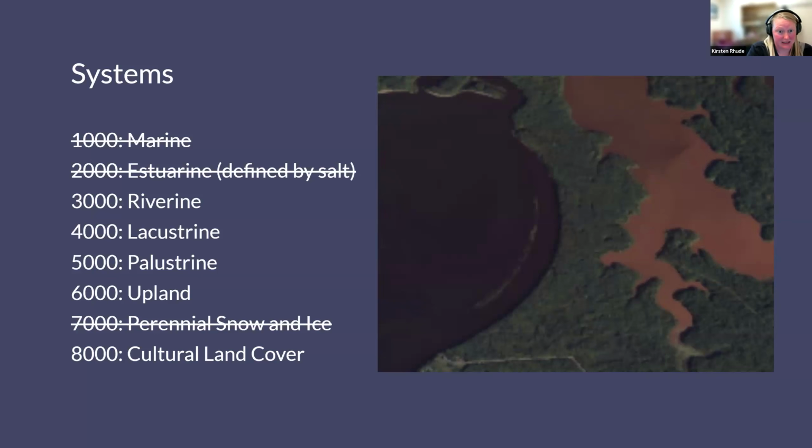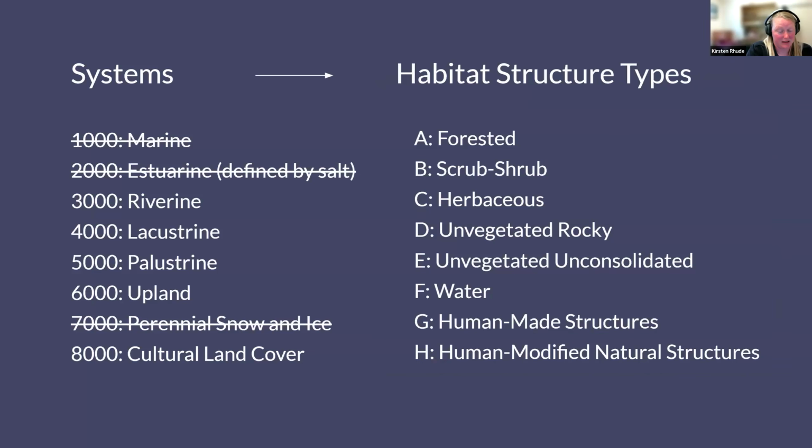So on the next slide, we ended up switching to thinking about what we can see from aerial imagery, and instead classified habitat structure types, so what you could see from aerial imagery.